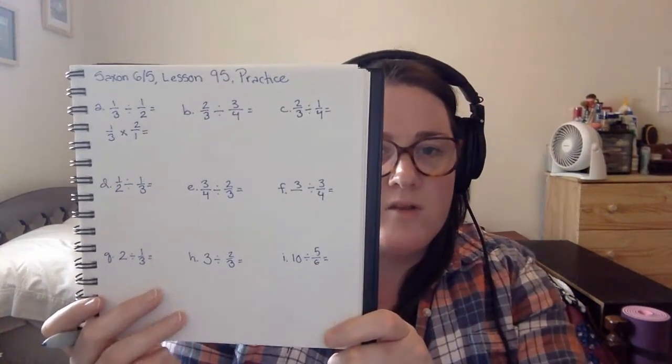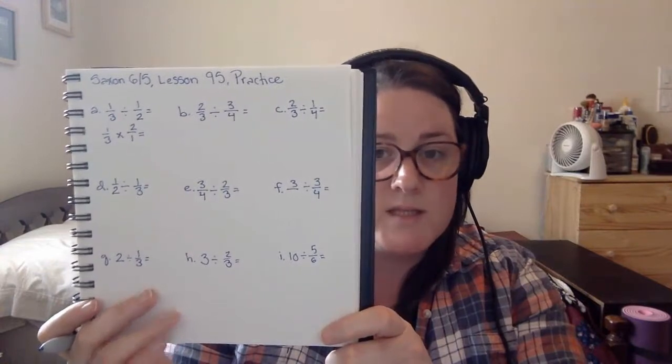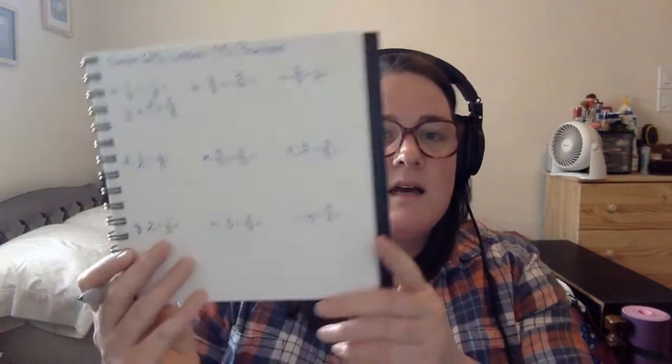So my problem becomes 1/3 times 2/1. Right? I proceed with my multiplication, and I get the product 2/3. So 1/3 divided by 1/2 is 2/3.